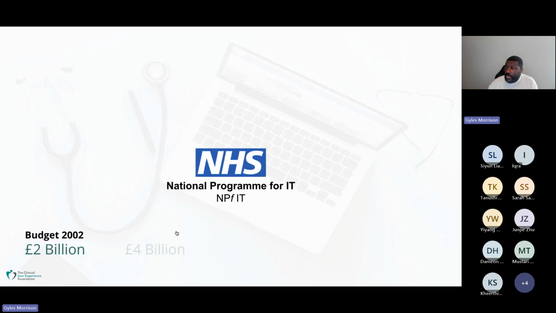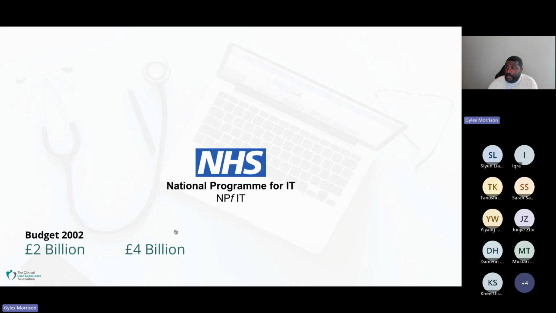Arguably, this became the biggest national IT project disaster in UK history, maybe even the world's history. And the NHS staff working on this had four core private suppliers, which really complicated things.